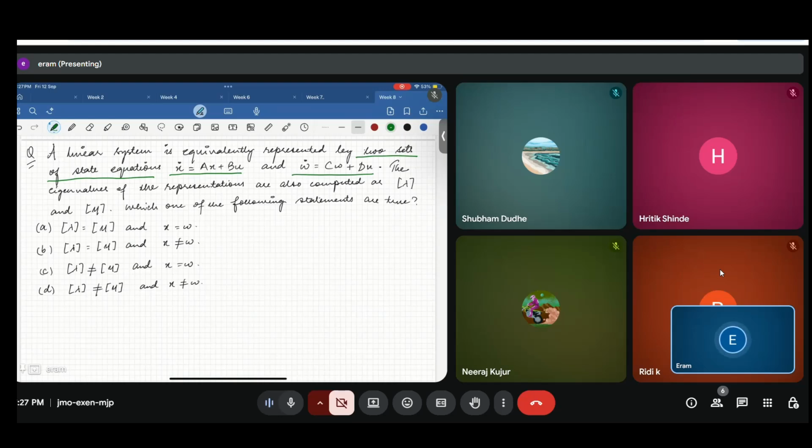It is given that the eigenvalues of the representations are lambda. This set of eigenvalues is for representation 1, and this set is for representation 2, and you have to identify the correct statement.